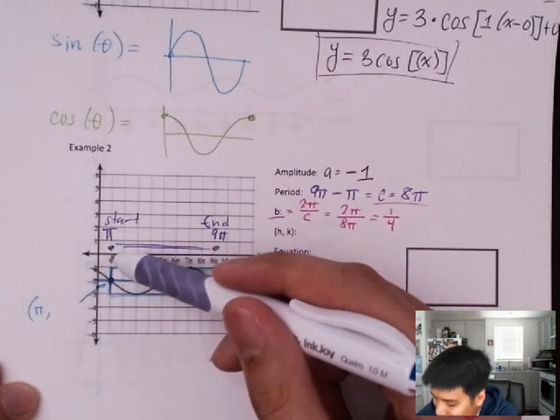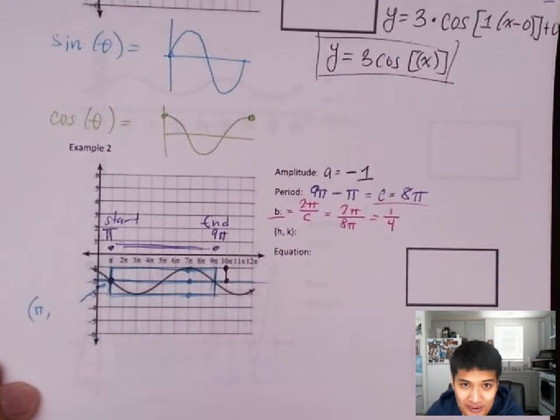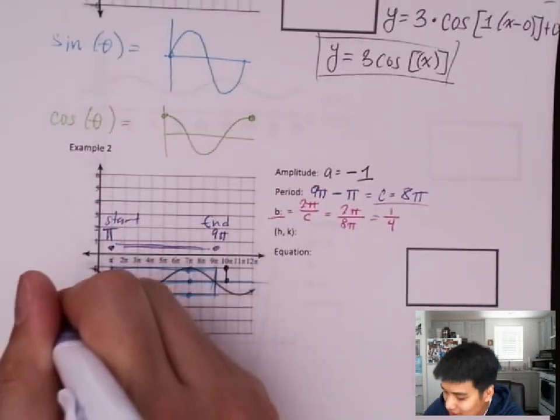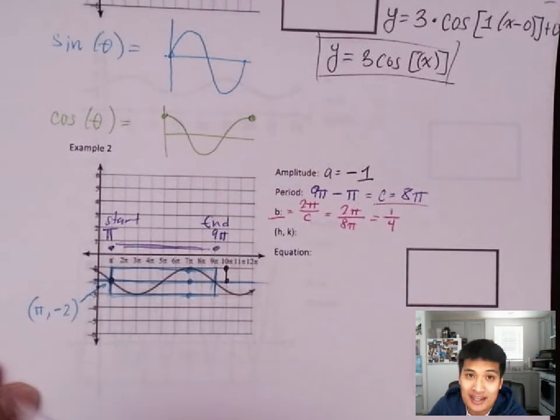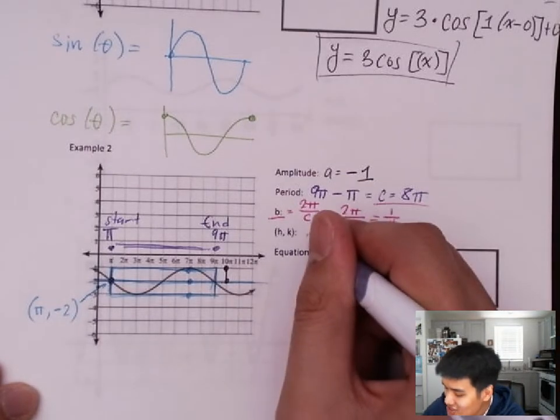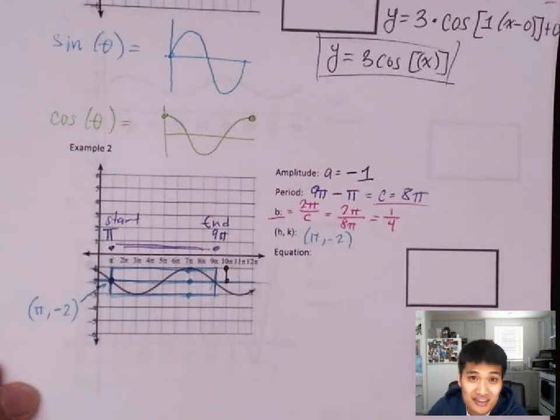So our midline here, if we go down by 2, that's going to be the y value of our midline. So in this case, h and k is pi, negative 2. And that's all of our parameters.